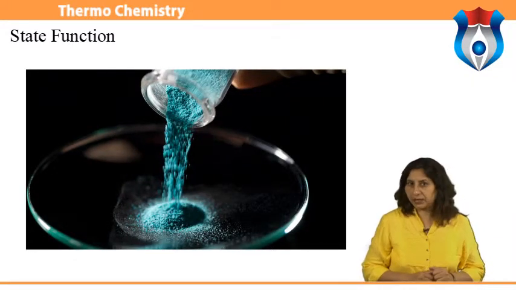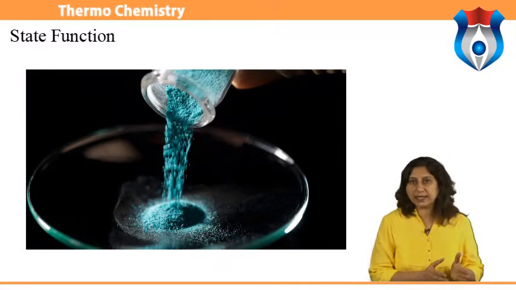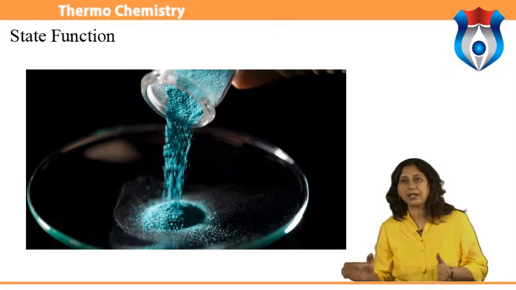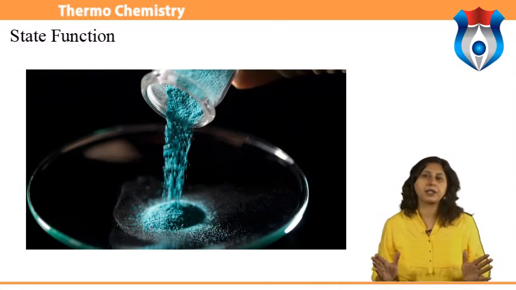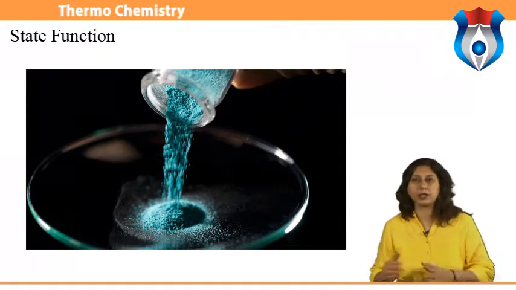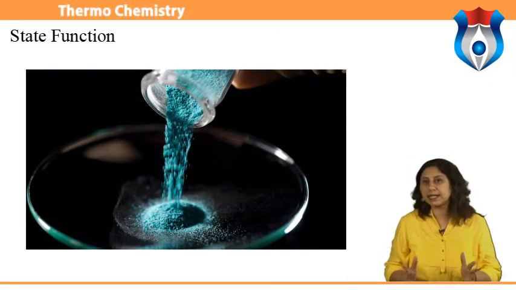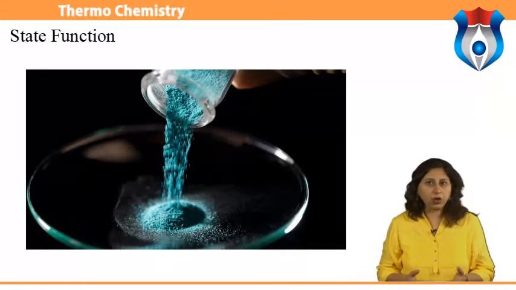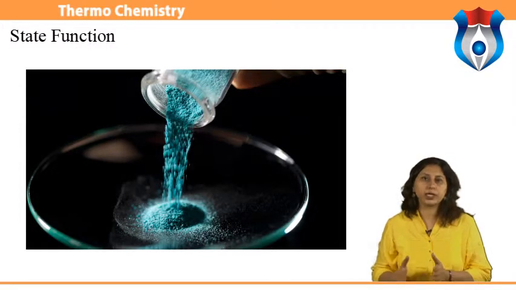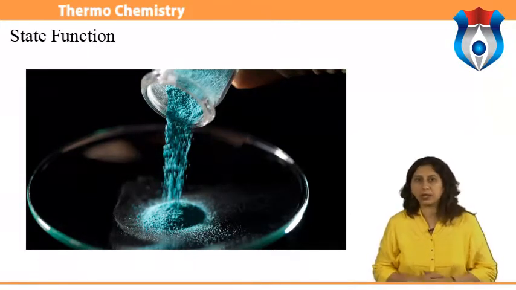For example, the difference in energy between a liter of water at 0 degrees Celsius and a liter of water at 100 degrees Celsius is the same no matter how many times the liter of water was heated and cooled down. In contrast, heat and work are not state functions. Without knowing a system's history, we cannot know how much energy was lost or gained by a system in the form of heat or work.